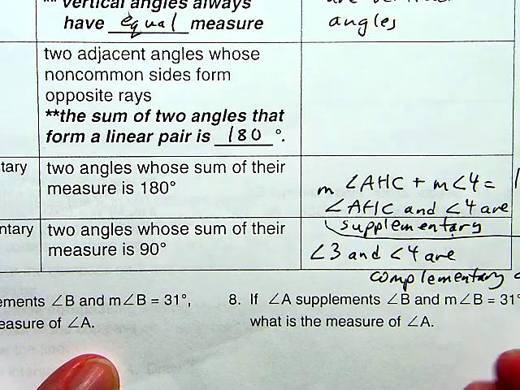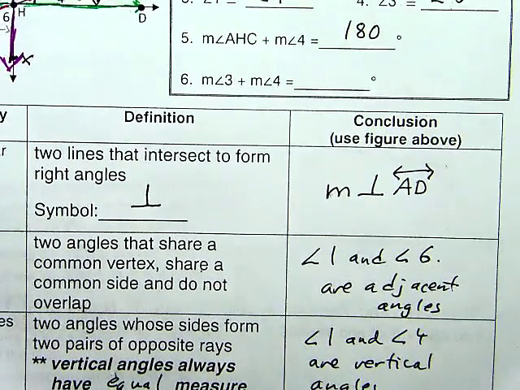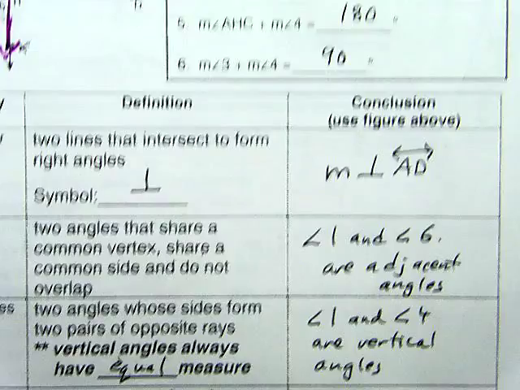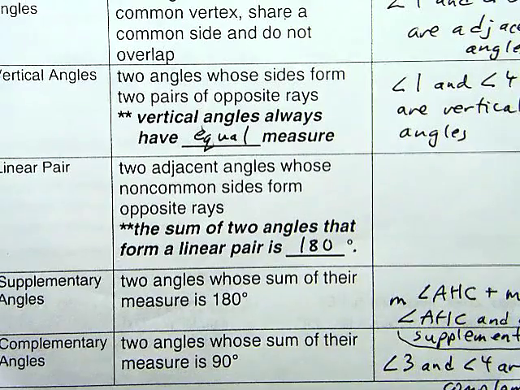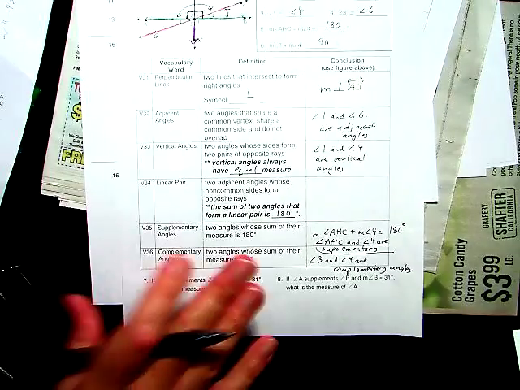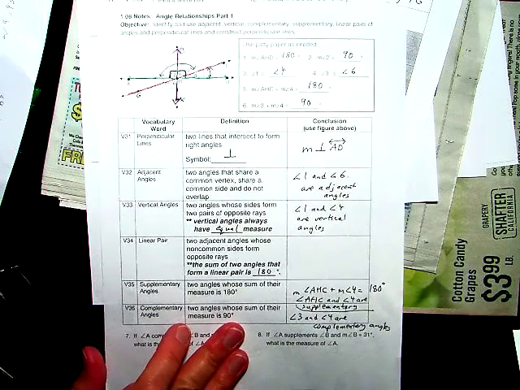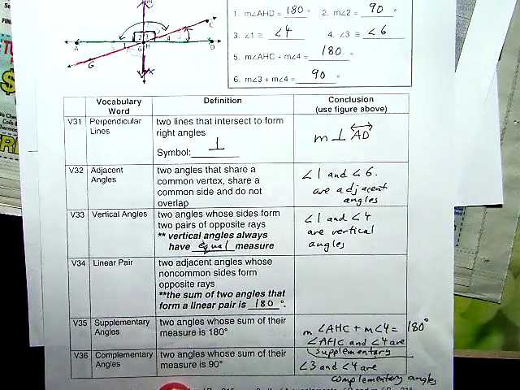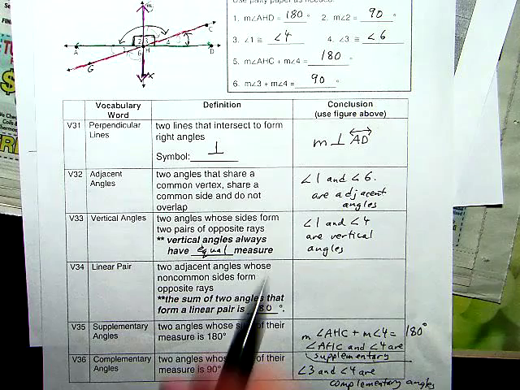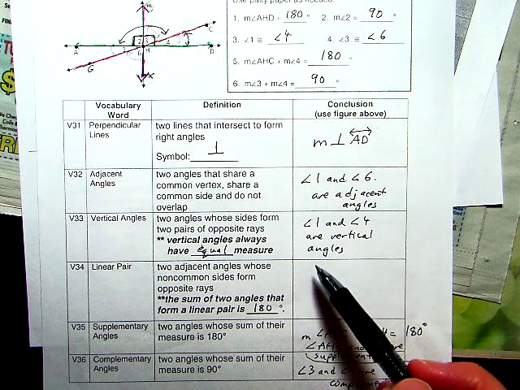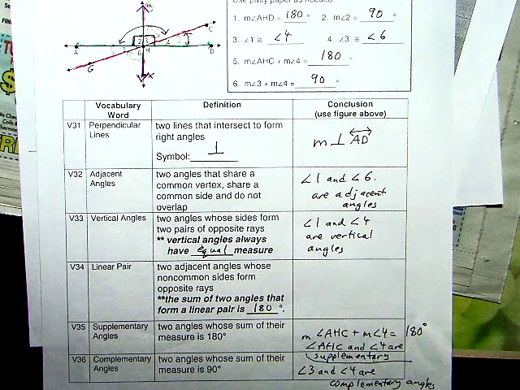And what we'll write up here is that the measure of angle 3 plus the measure of angle 4 equals 90. So we've completed most of the sheet. We've got ourselves at the top a very nice diagram that sort of summarizes most of the relationships that we've learned so far. We've got a couple of equalities that are important here and a couple of definitions here.